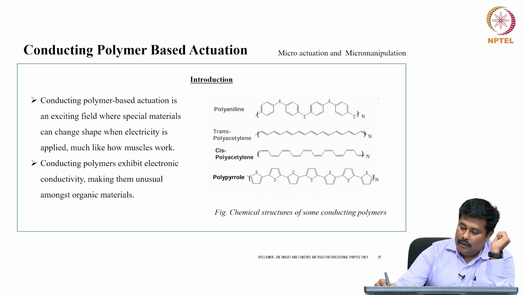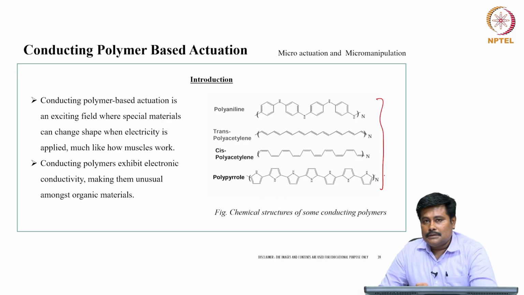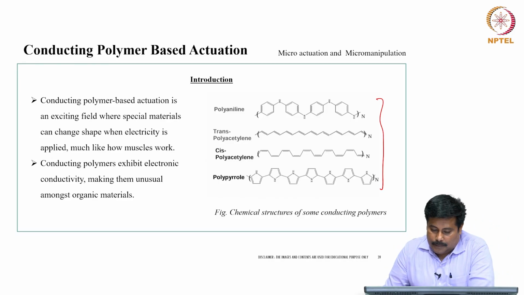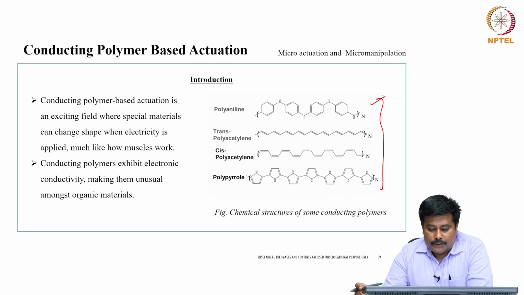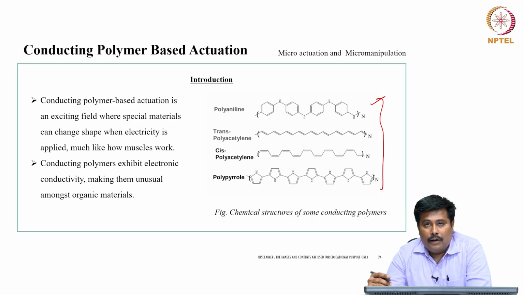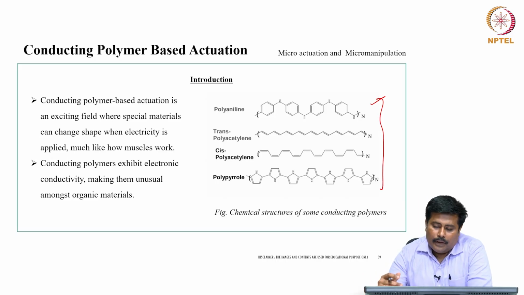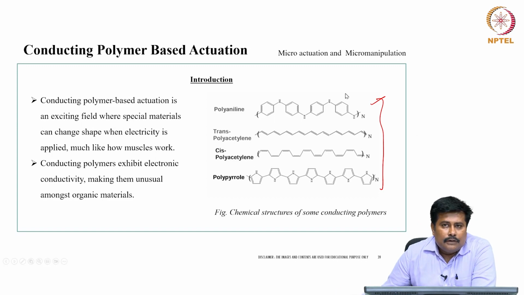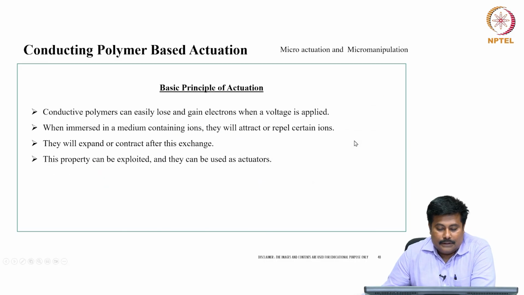There are wide varieties of chemical structures of conducting polymers, like polyaniline, trans polyacetylene, cis polyacetylene and polypyrrole, which are efficiently used for micro robotic applications.